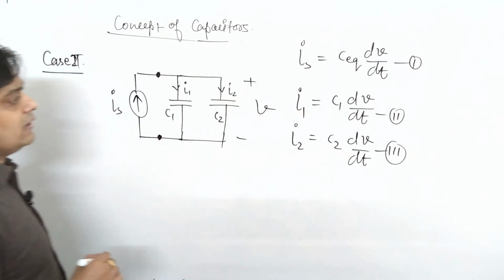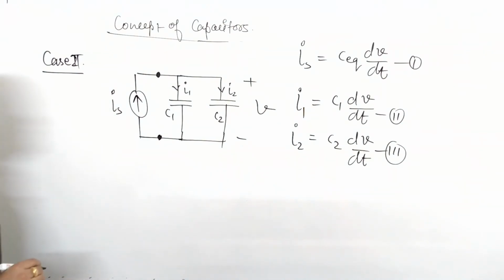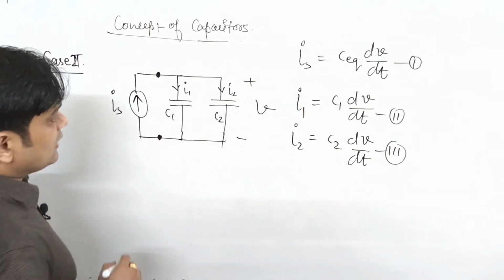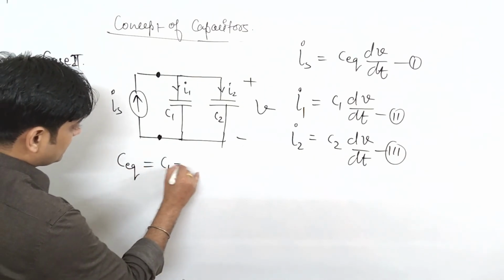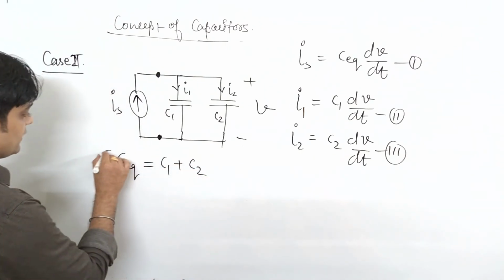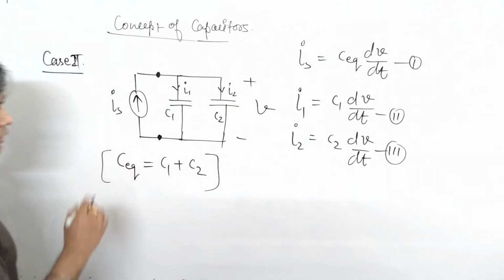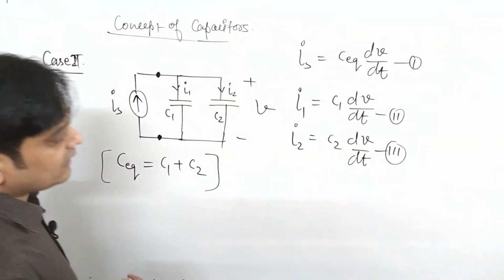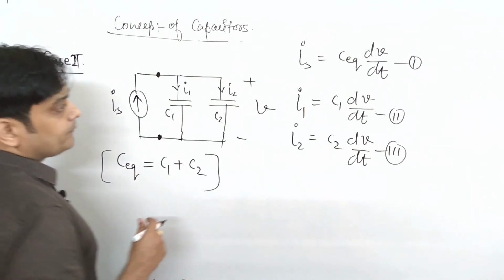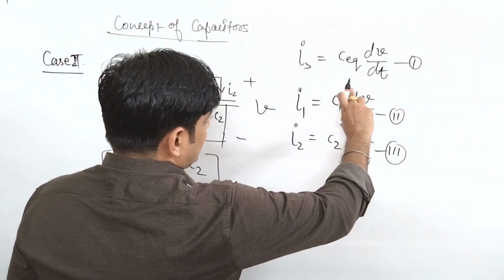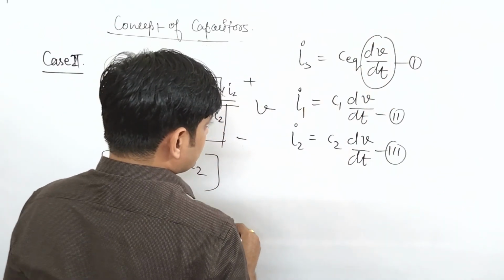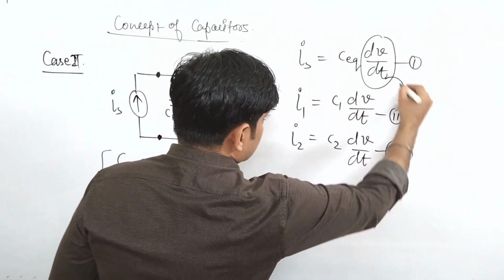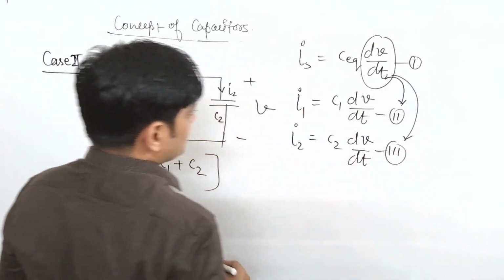Now you have to find the value of I1 in terms of Is. What is C equivalent? When capacitors are connected in parallel, C equivalent is C1 plus C2. Now you just put that value and find the answer. From here we remove dV upon dt and put this value in this equation and in this equation.